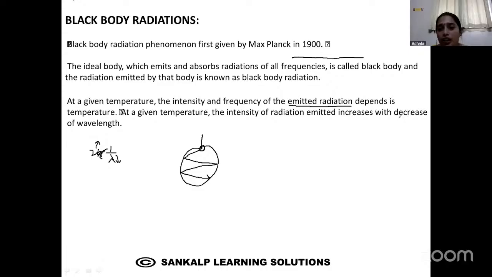Therefore, as temperature increases, the intensity of radiation emitted increases with decrease in wavelength, or increase of frequency. Both are interrelated. This is about black body and black body radiation.